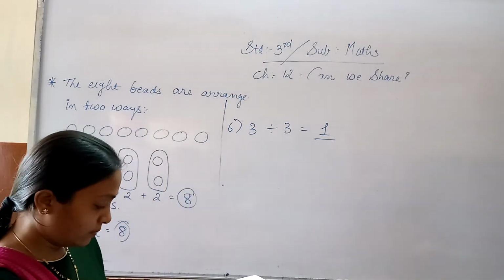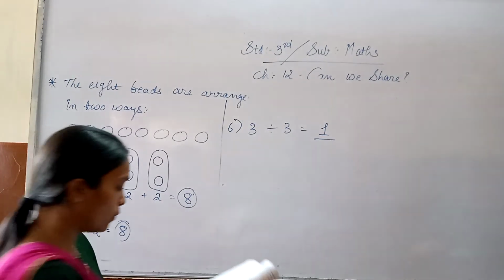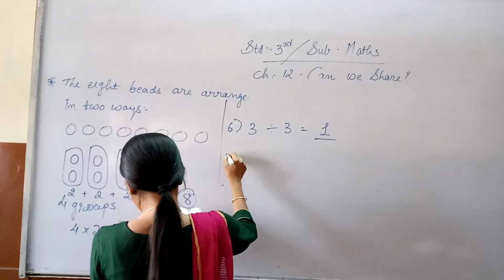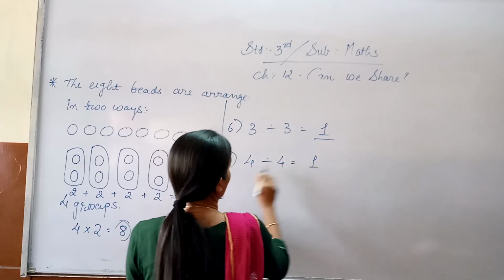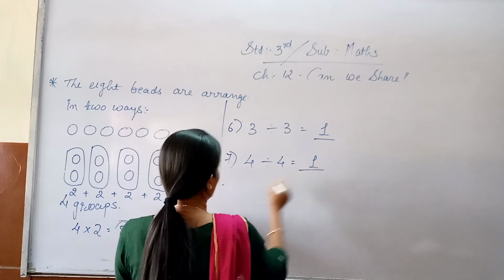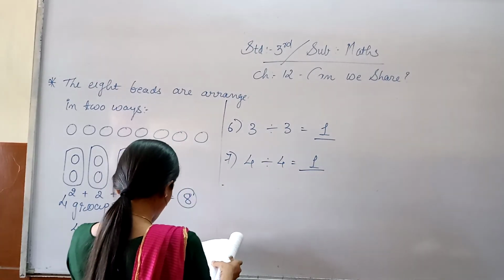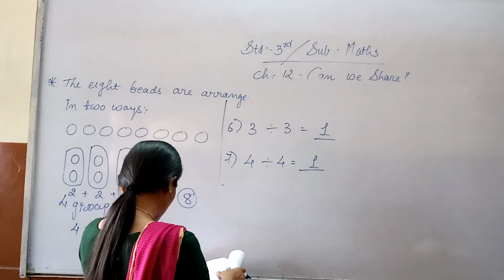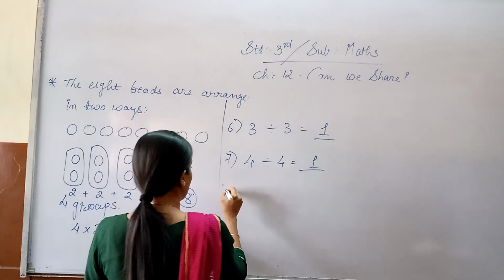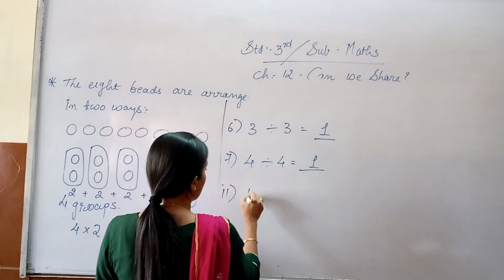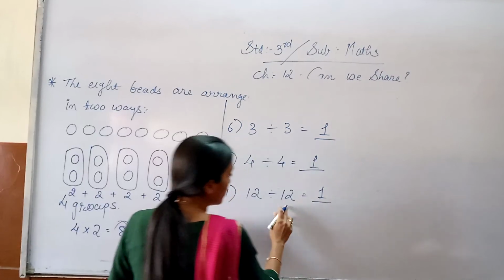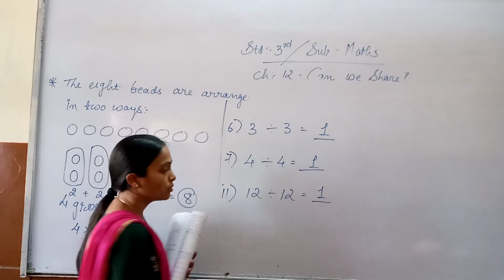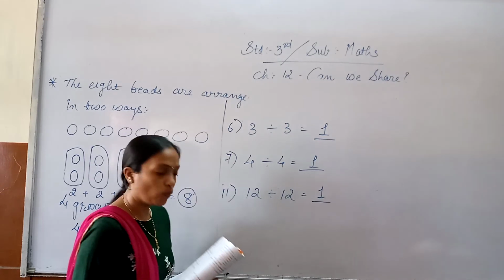Same, it is given: 4 divided by 4. Seventh one, 4 divided by 4. So the answer is 1. Eleventh is 12 divided by 12. So it is 1.